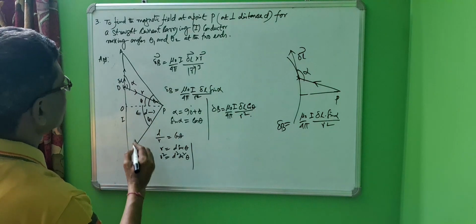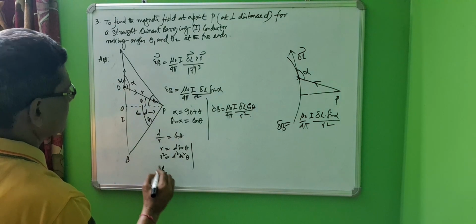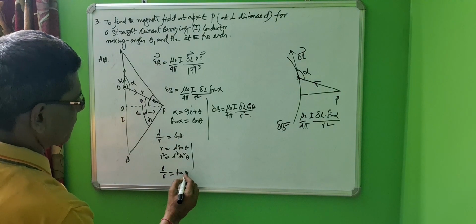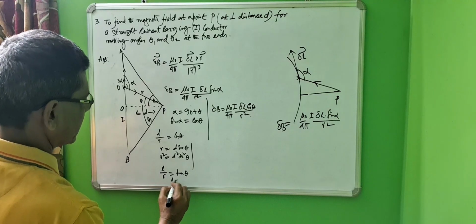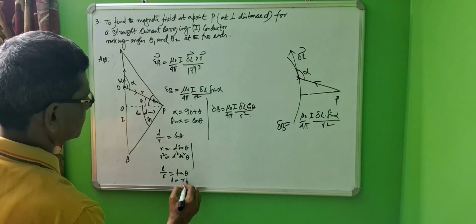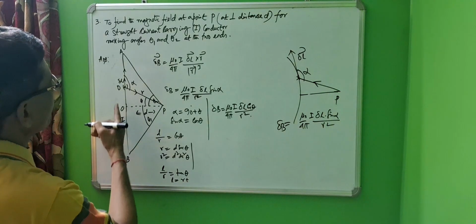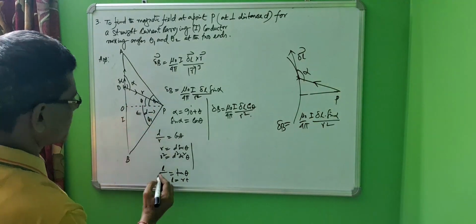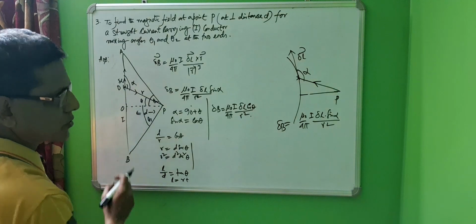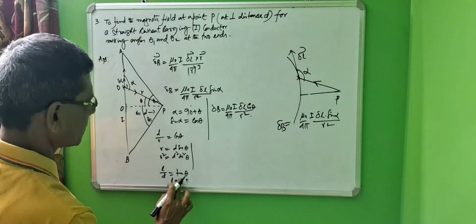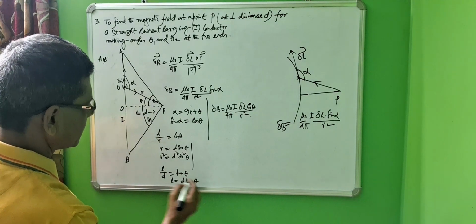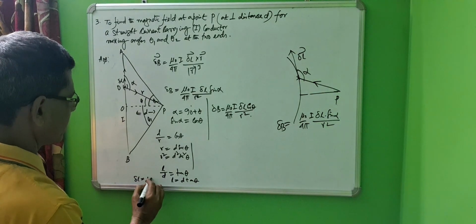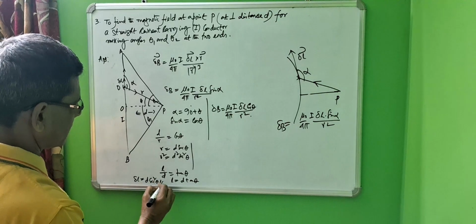So we can write L by D equals tan theta, so L equals d tan theta. So delta L, differentiating both sides, we get d sec square theta d theta.